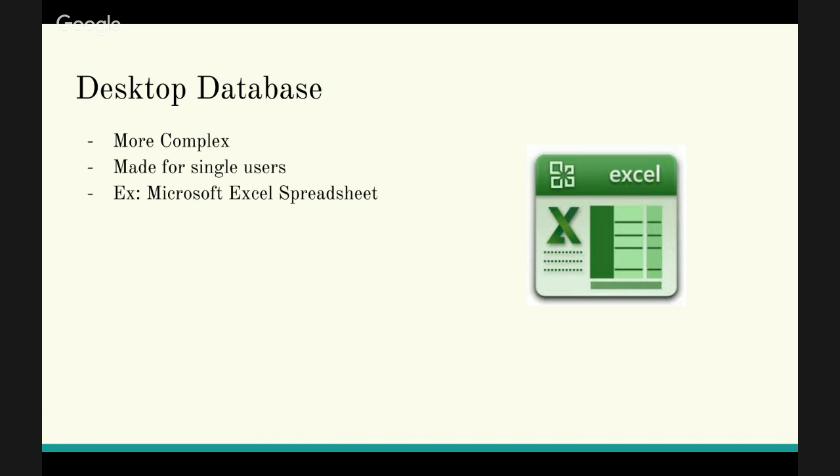Like Microsoft Word would be a text database example, and obviously, if you compare a Microsoft Excel spreadsheet and a Microsoft Word document just by looking at them, you'd have a lot more trouble controlling a Microsoft Excel worksheet, and the Excel spreadsheet is a lot more complex and difficult to use.